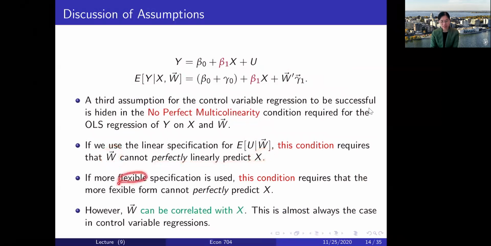And if more flexible specifications are used, say if you're also using W squared or W1 times W2 and W2 squared and so on, then the no perfect multicollinearity condition requires that X cannot be perfectly predicted by those more flexible forms of W either.